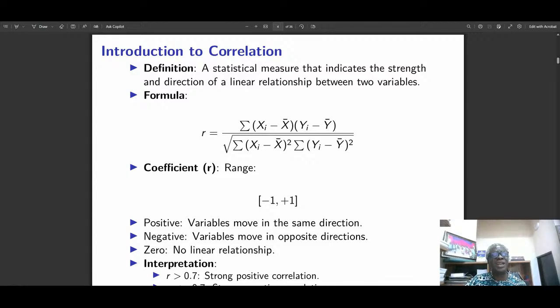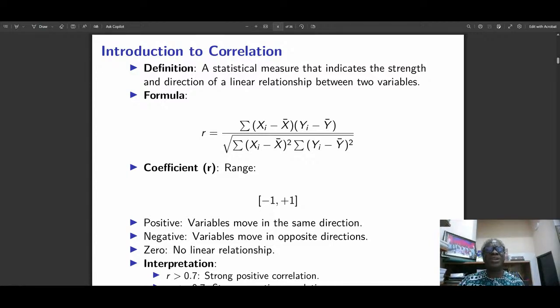But correlation now helps to really measure. So correlation analysis helps to quantify that relationship. So not just to say they are positive, but also to say in a numerical, in a metric form, what that level of correlation is.